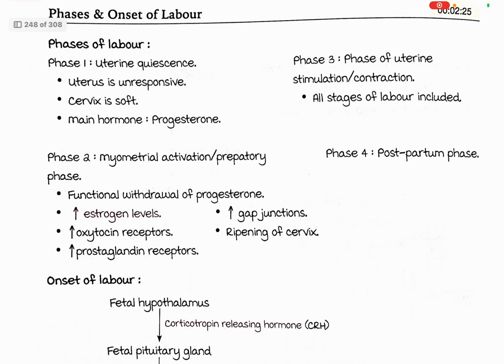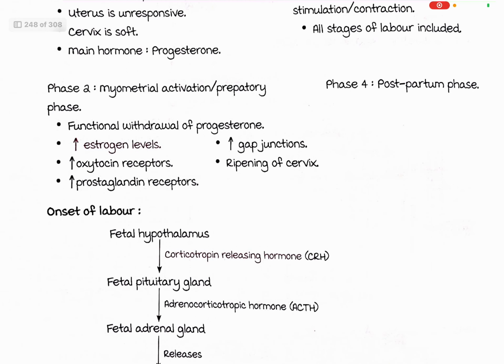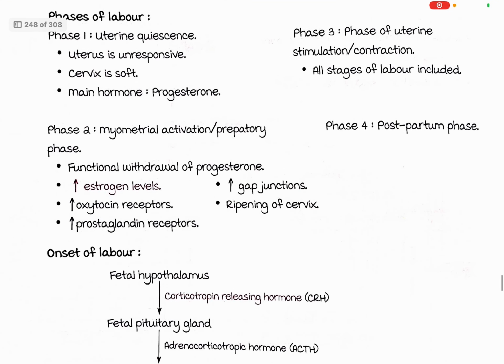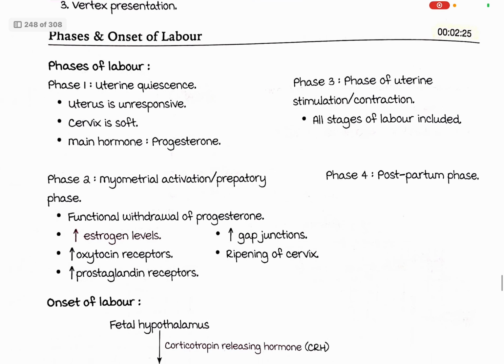Phase 2, myometrial activation, preparatory phase: functional withdrawal of progesterone, increase in estrogen level, increase in oxytocin receptors, increase in prostaglandin receptors, increased gap junctions, ripening of the cervix. Phase 3, phase of uterine stimulation and contraction, all stages of labor included.